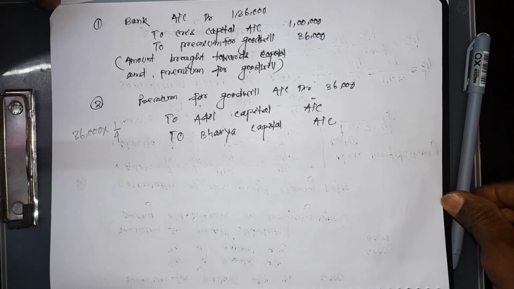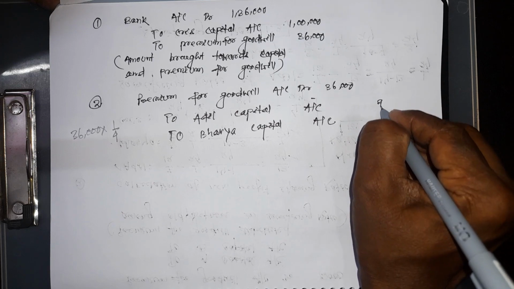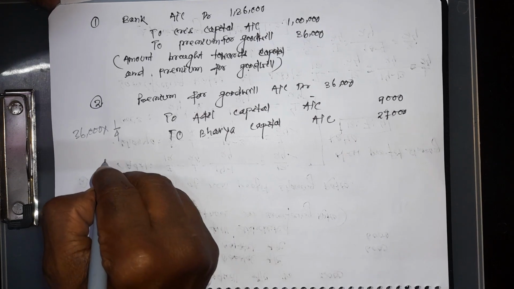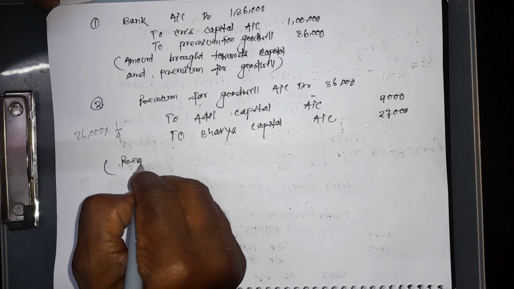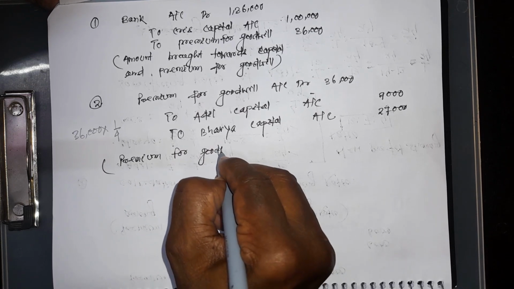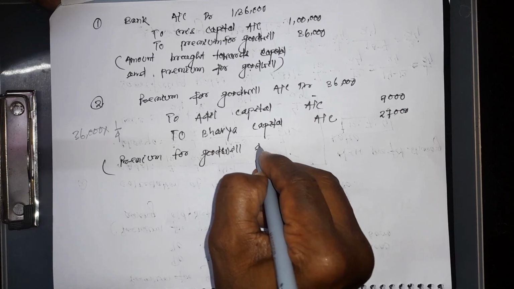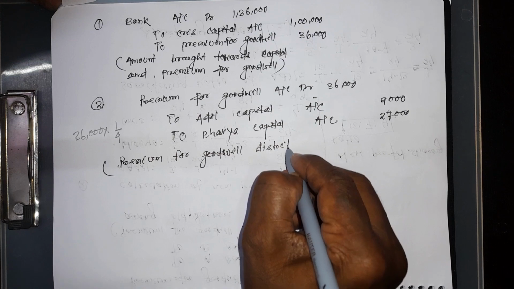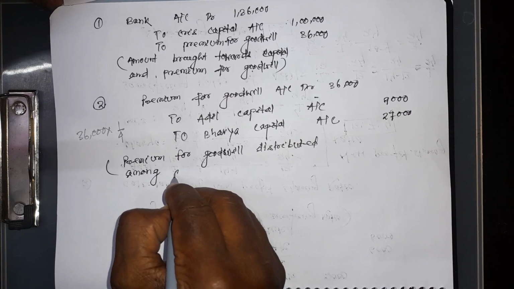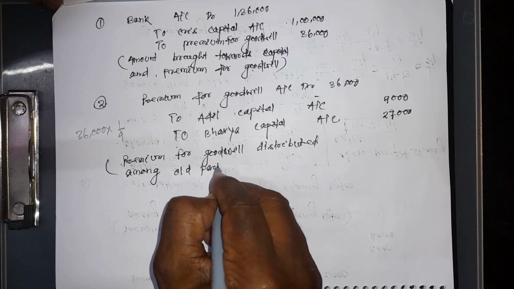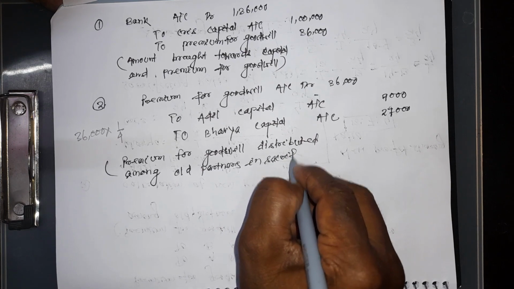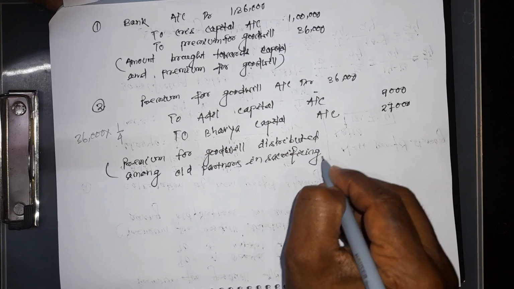So 1/4 will be 9,000 and 3/4 will be 27,000. Then the narration: premium for goodwill distributed among old partners in sacrificing ratio.